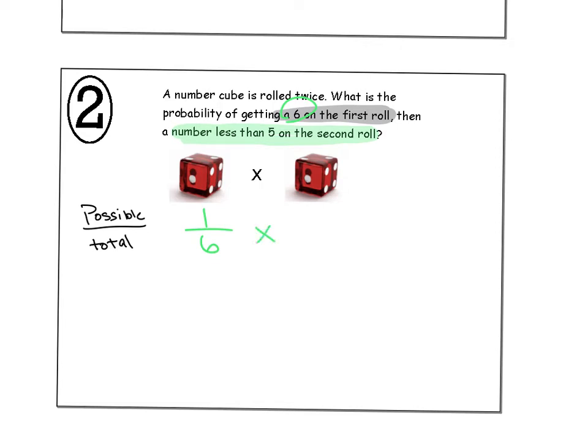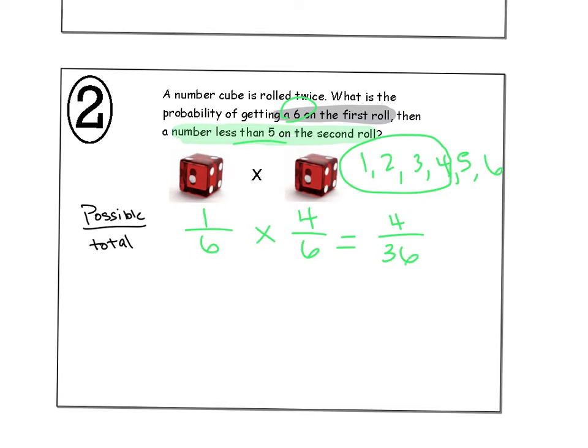And then we're going to multiply that times a number less than 5 on the second roll. So if I think about it, my number cube has the number 1, the number 2, the number 3, the number 4, the number 5, and the number 6. Well, the numbers that are less than 5 are 1 through 4. So that means for our second event, we have 4 sides that are less than 5 out of a total of 6 sides. All right, so we multiply that straight across. 1 times 4 is 4. 6 times 6 is 36.